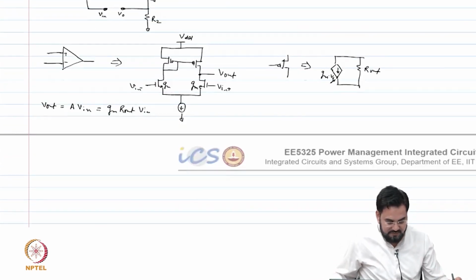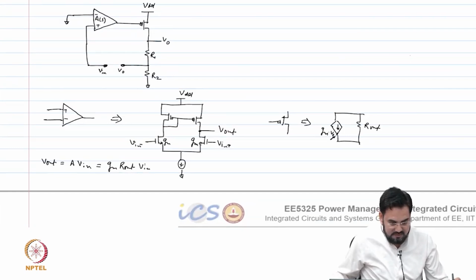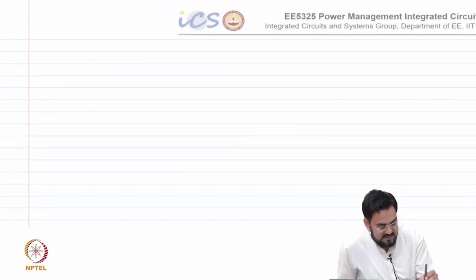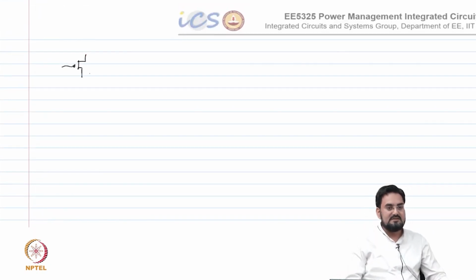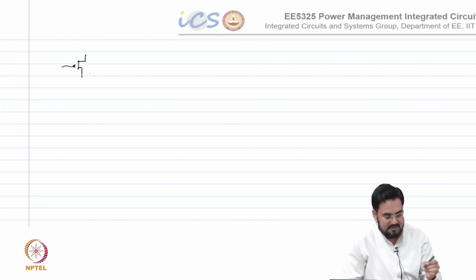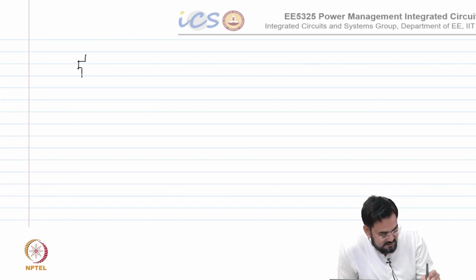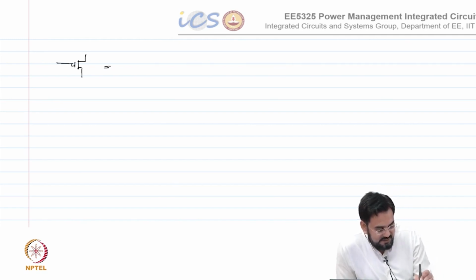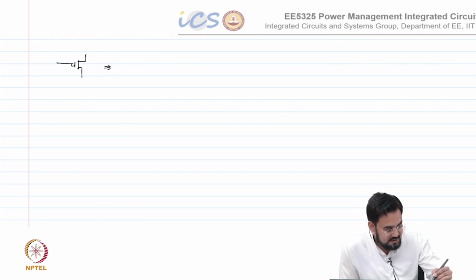So, now these transistors have parasitic capacitors associated with them. Okay. And there could be 3 different caps. Let me change the color.